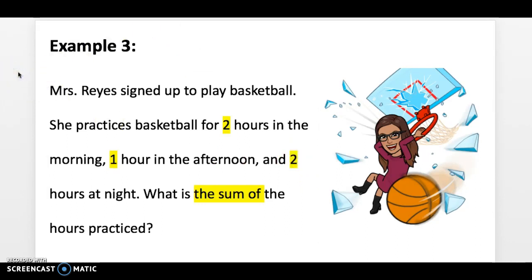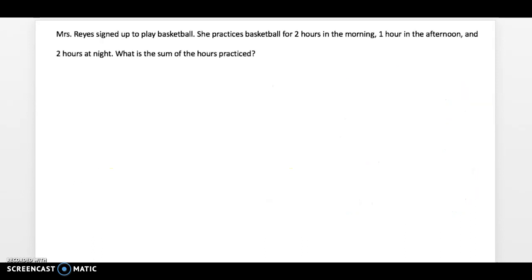This is the information that I will need in order to solve this problem. Let's highlight again what we will need to solve this problem. We need the hours practiced, and we need to understand that we are looking for the sum of the hours practiced. So what might this look like in a numerical expression?